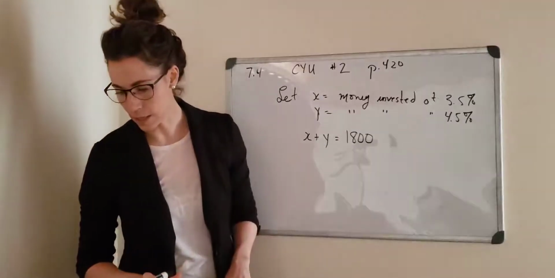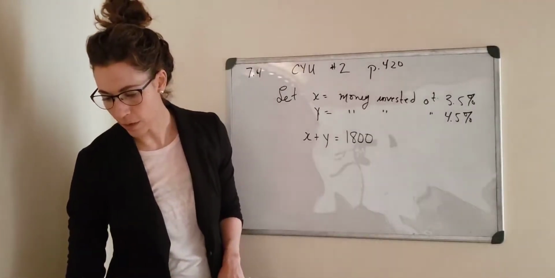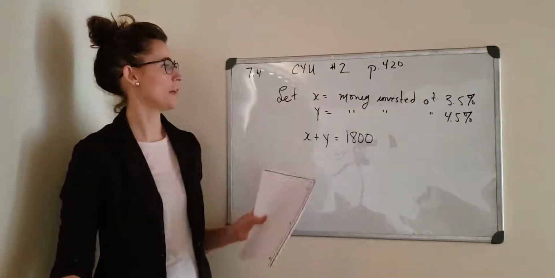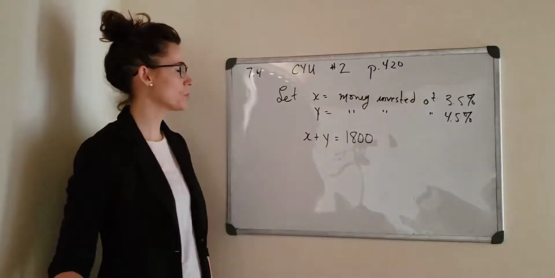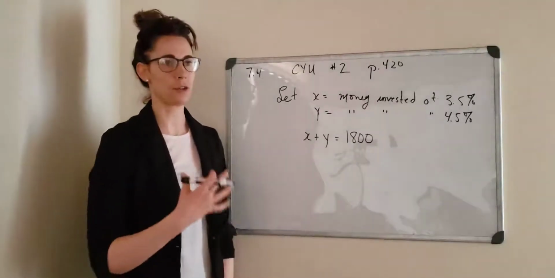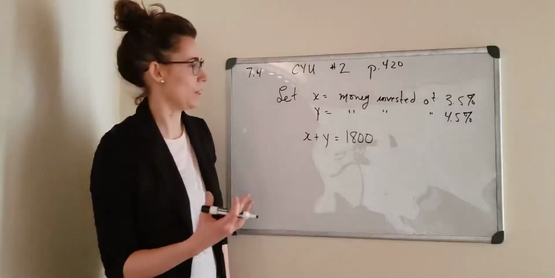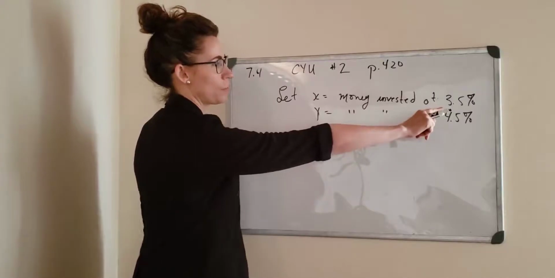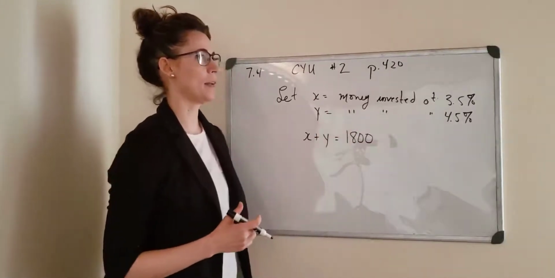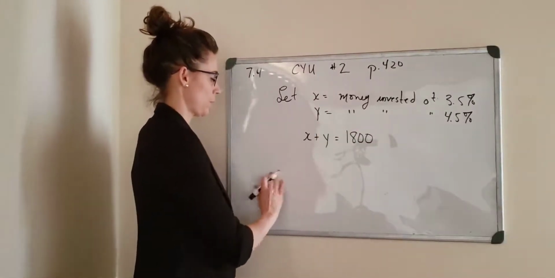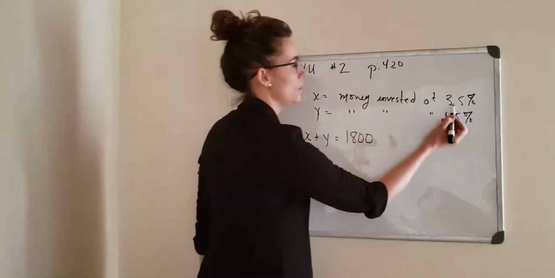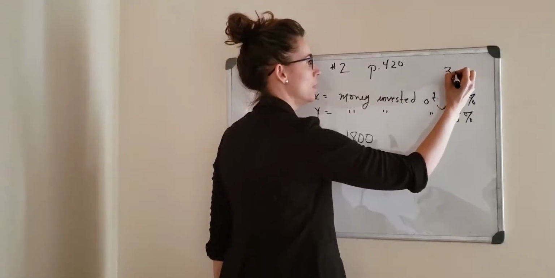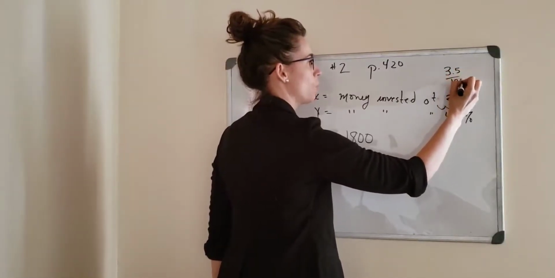The next thing it tells us is that part of it was at 3.5% interest, and we let that be our x, and the other part was at 4.5%. When they added up the interest together, it was $73. If x was invested at 3.5%, we would move the decimal 2 places to the left, because 3.5% means 3.5 over 100.